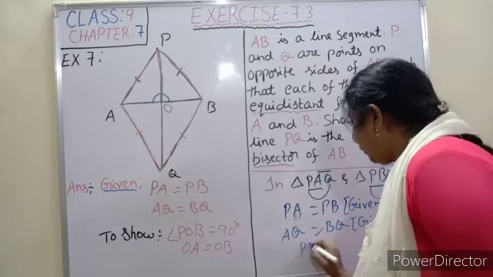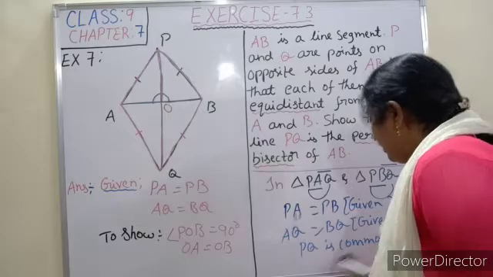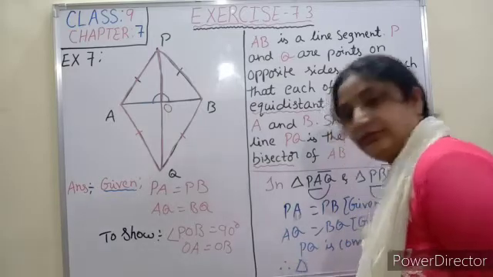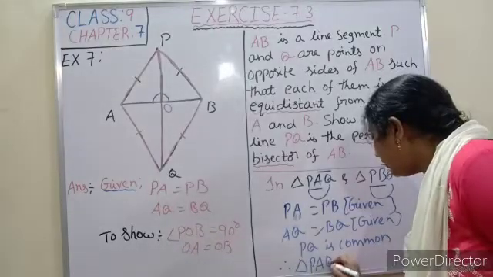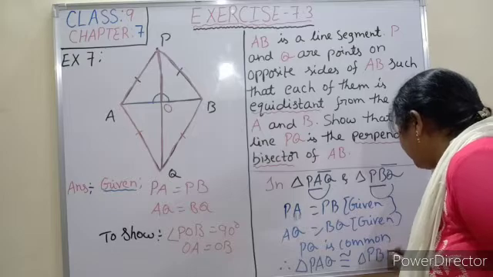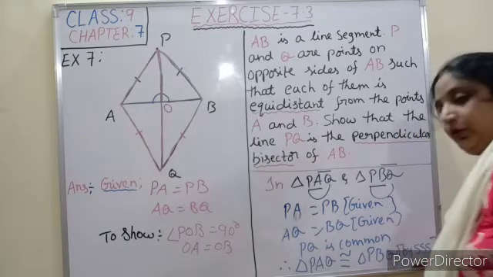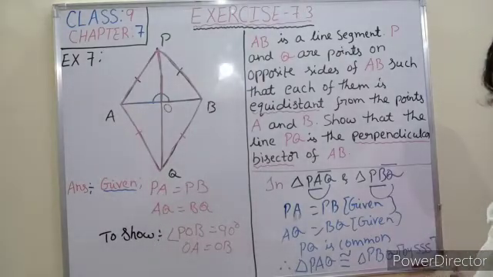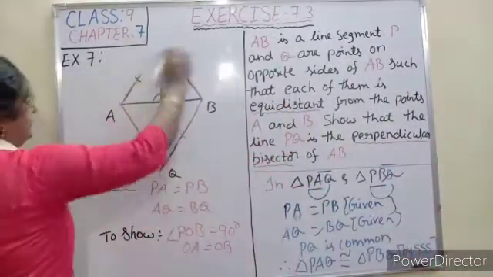PQ is common. So therefore triangle PAQ is congruent to triangle PBQ by SSS congruent rule. Okay children, now I am going to rub this whole thing.